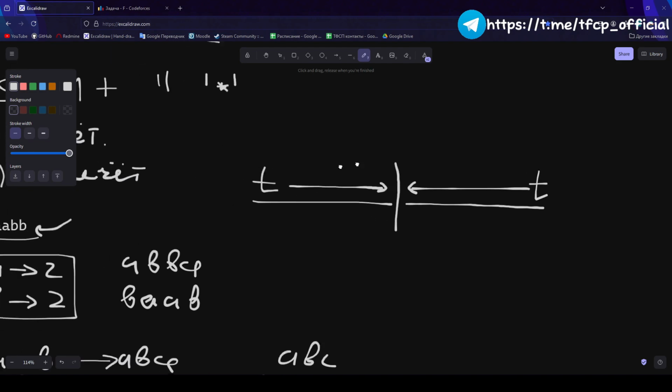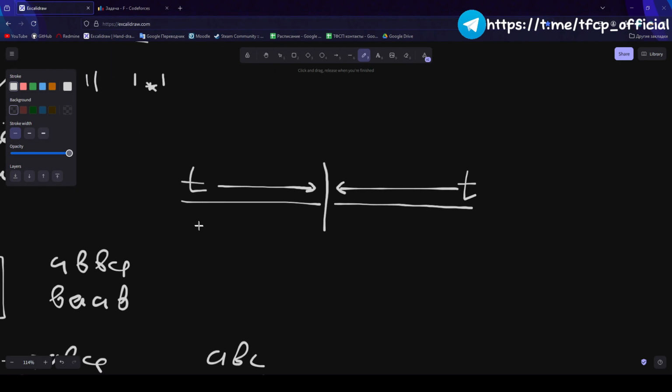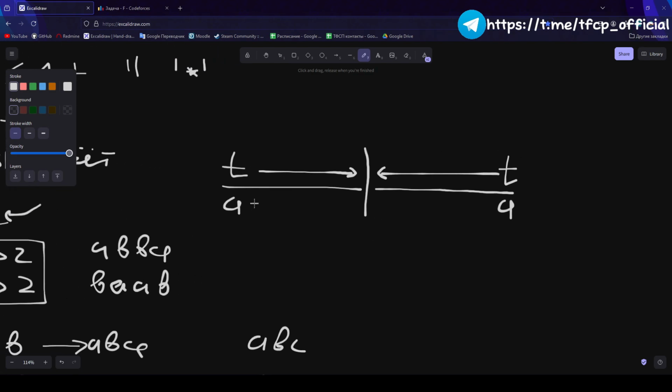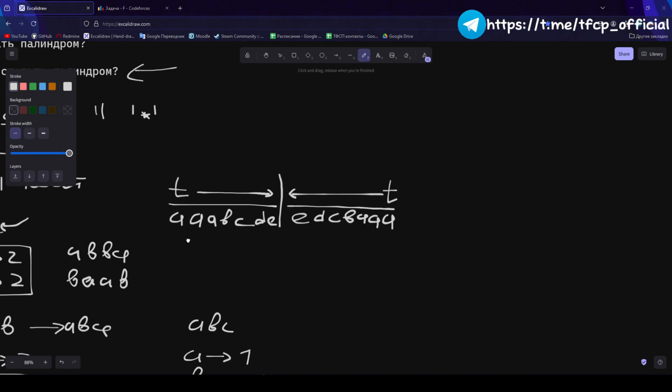That is, we take each character and place it at the beginning once, then place it at the end. If this character is still there, we place it at the beginning and end again, and so on. Once it ended, we can take the second, the third character, and so on. And we will definitely get a palindrome.